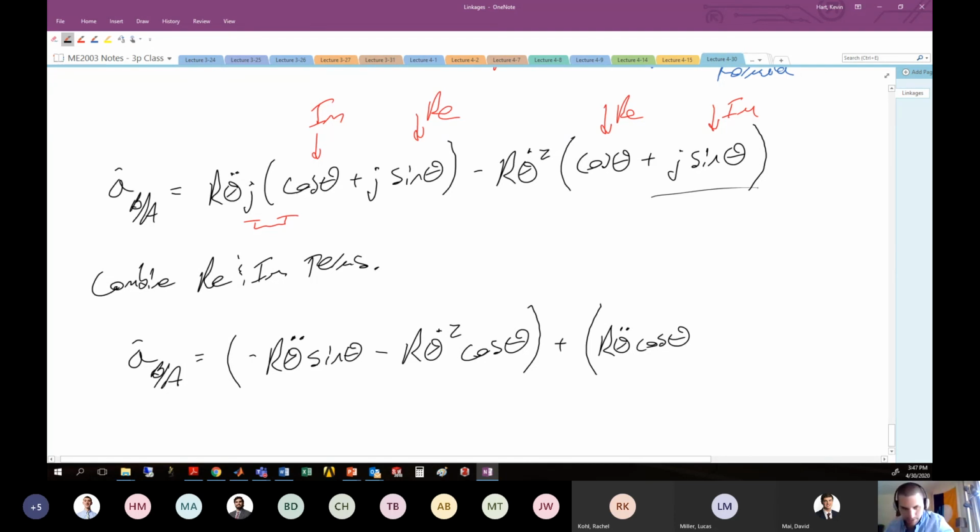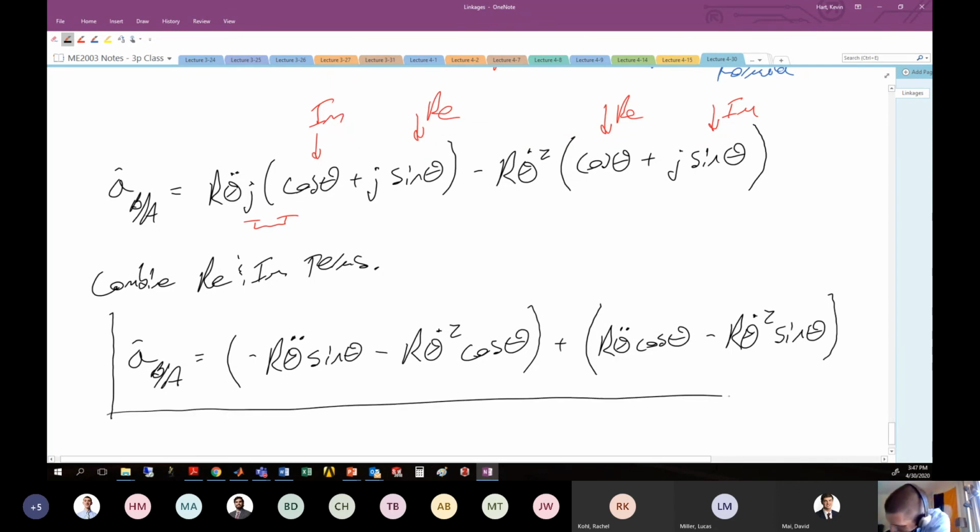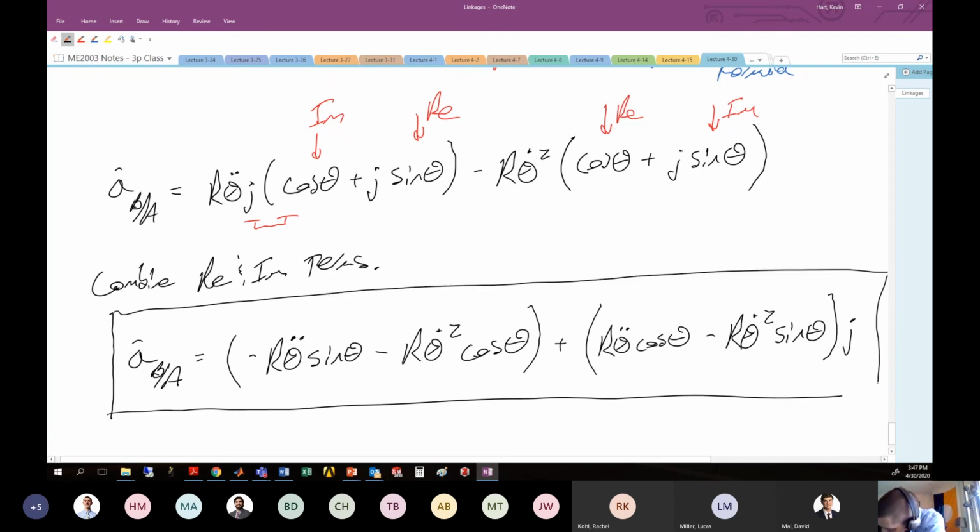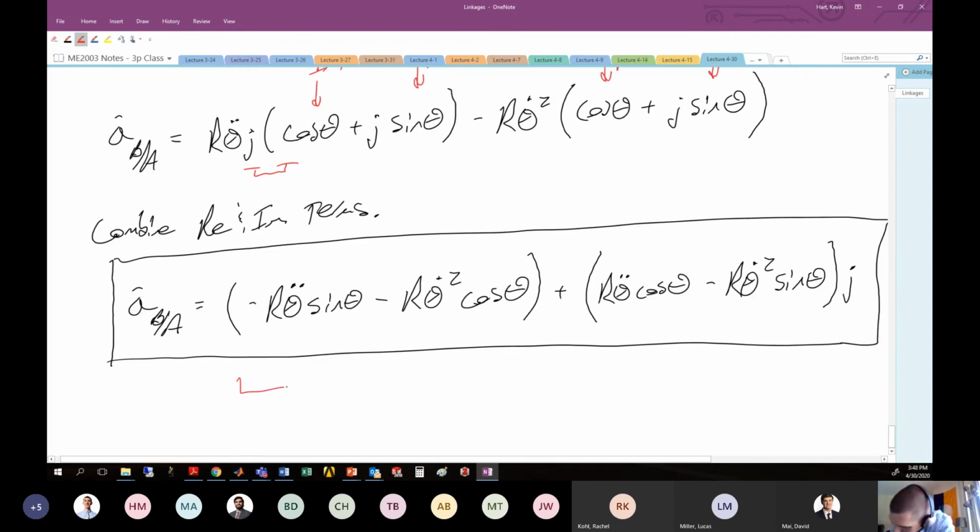And then the imaginary term over here, I'll have a minus r theta dot squared times sine theta. And this is all times j. So here's your x direction, and here's your imaginary. So this is a complex vector notation representation of the acceleration of point B relative to A for the crank that we showed above.